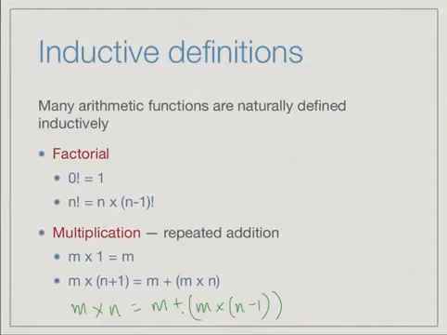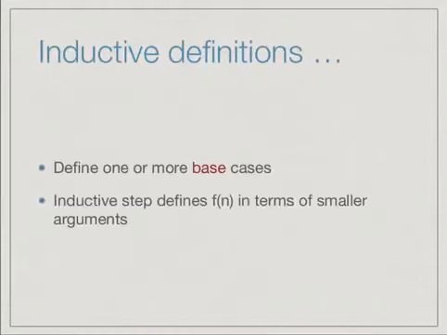In both these cases, we have a base case, like 0 factorial or m times 1, where the value is given to us explicitly. And then we have an inductive step where f of n is defined in terms of f of n minus 1, and in general it can be defined in terms of even smaller arguments. One example of that is the Fibonacci series. The Fibonacci series starts with 1, 1, 2, 3, 5 and so on, and is obtained by taking the previous two values and adding them.